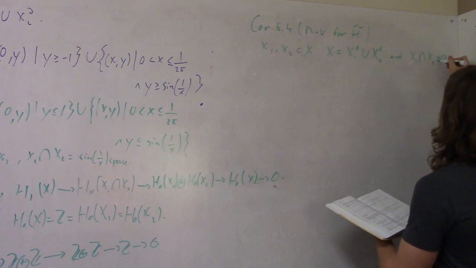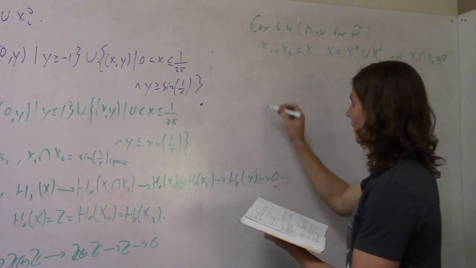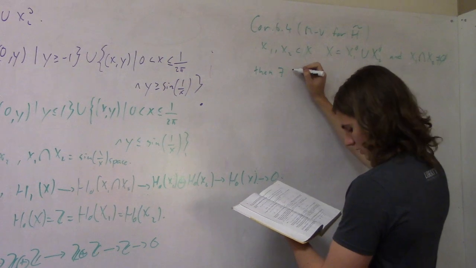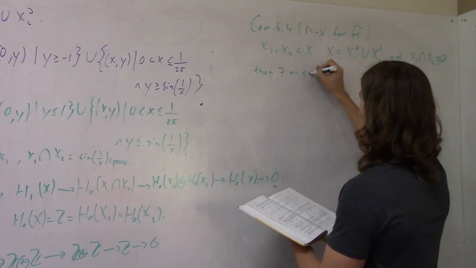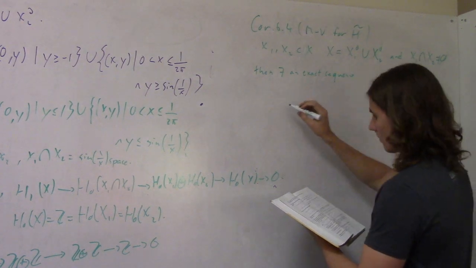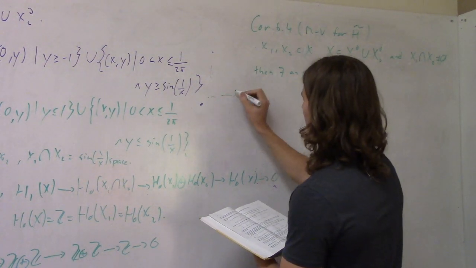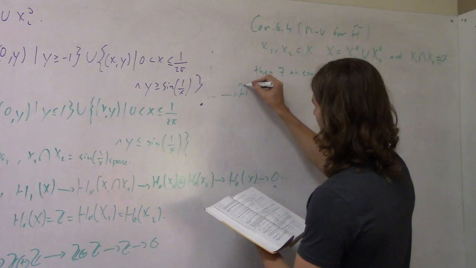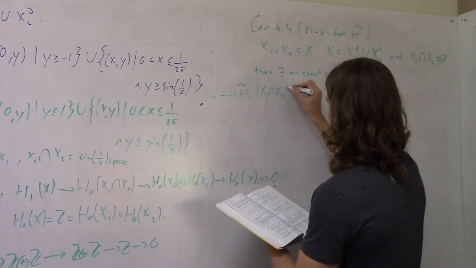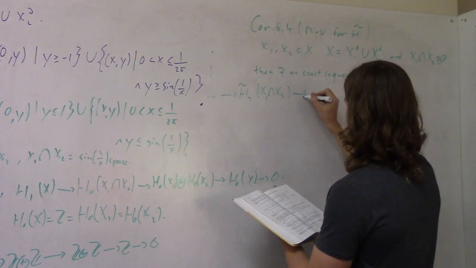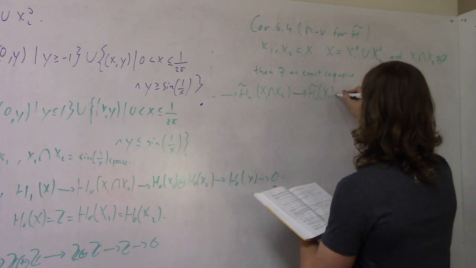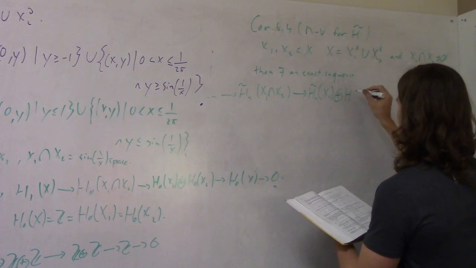Oh wait, they're not disjoint, just kidding. Then there exists an exact sequence: reduced H_n of X1 intersect X2, reduced H_n of X1. This looks very similar to the regular Mayer-Vietoris.